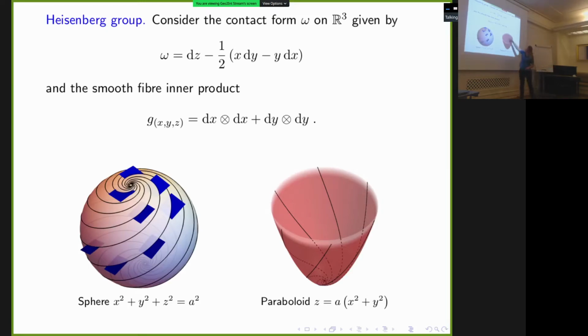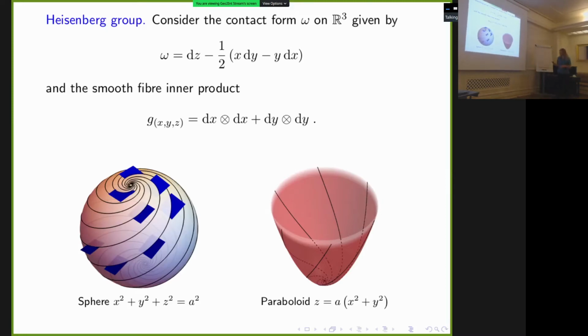If you start off at this leaf, you can walk along this leaf if you want to stay on your surface and only move in the contact directions. The only way you could change is by going through this point. So the moment you remove that point, you can't move from that leaf to that leaf. Similarly here, if you remove those two points, you cannot change the leaf you're on.